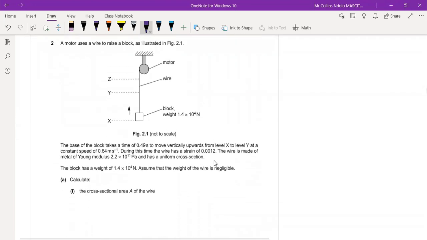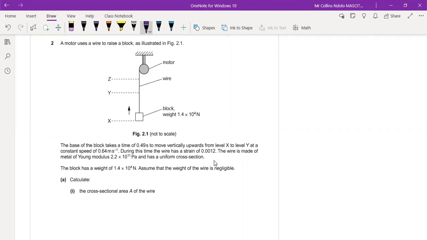Question number 2. A motor uses a wire to raise a block as illustrated in figure 2.1. We have a motor here, the wire, and X, Y, and Z. The base of the block takes a time of 0.49 seconds to move vertically upward from level X to level Y at a constant speed of 0.64 meters per second.